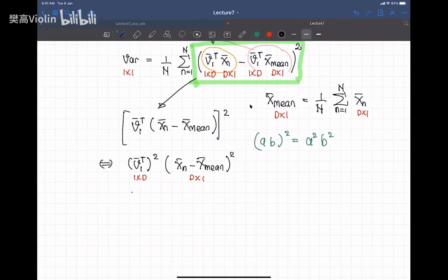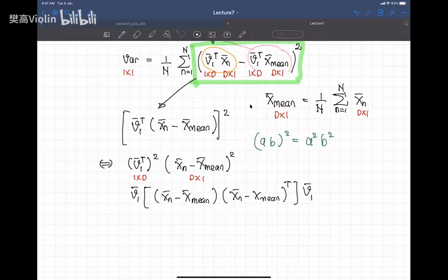The more proper expression will be phi1 transpose multiplied by (xn minus x mean), multiplied by (xn minus x mean) transpose, multiplied by phi1. Somewhere there has to be a transpose. Again, in the end of the day, it has to be 1 by 1.